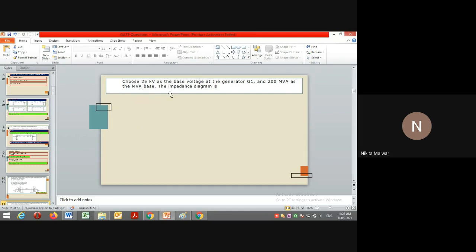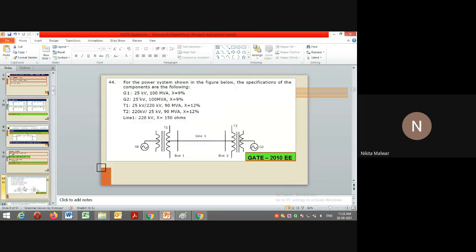Now what we have to find? We have to find the impedance diagram. By considering this single line diagram, what will we have to do? We have to cut out the section from the transformers. That means in the single line diagram, two transformers are given.